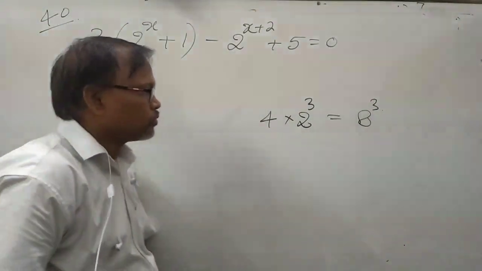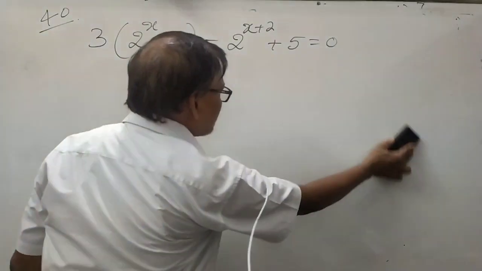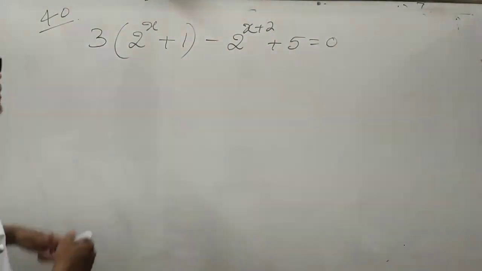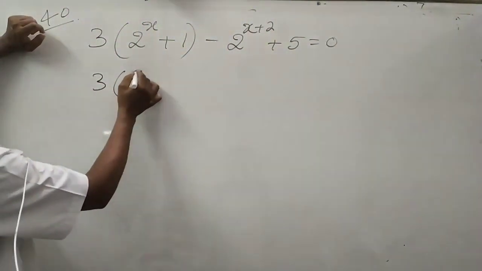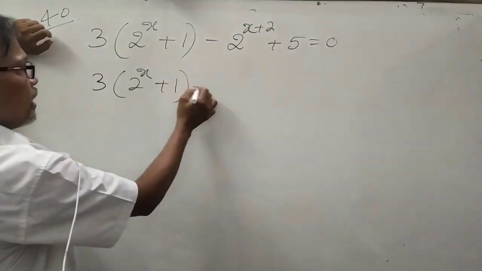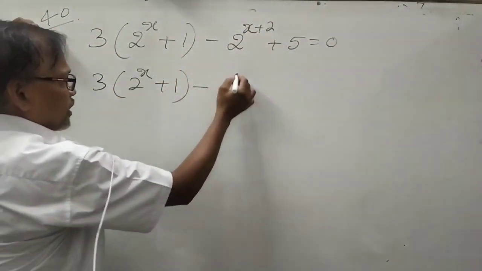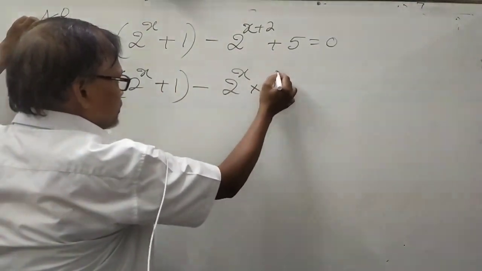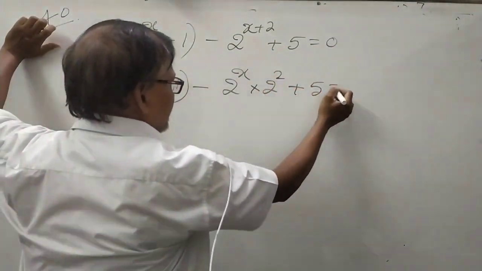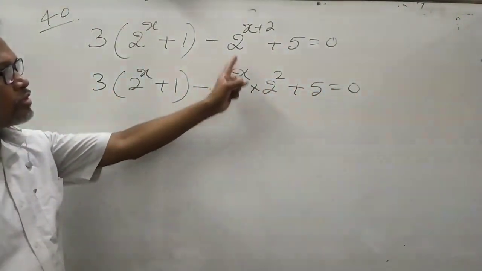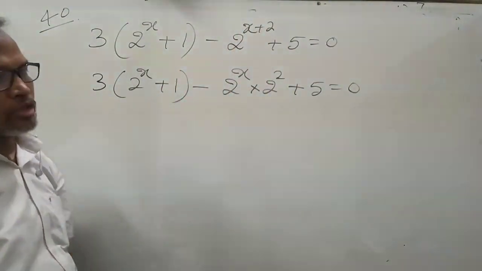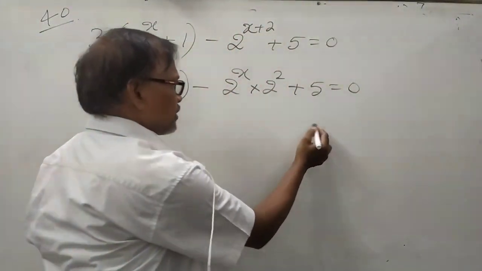What you have to do, you will not multiply in this way. First of all, you will write the same thing, and this you break in 2 parts like this, because this is the rule of the indices. You can break this one into a to the power m into a to the power n.